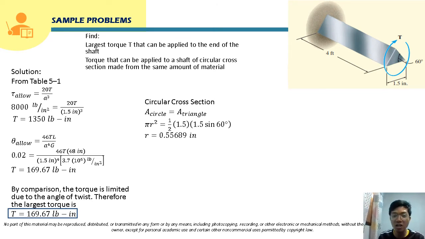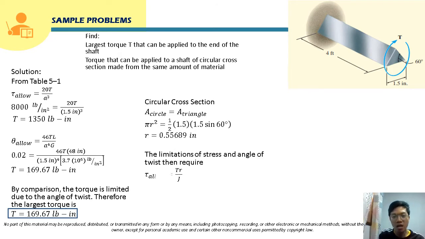From here, we can now solve for the torque that can be applied, using the formula for maximum or allowable shear stress, and we can also use the angle of twist. We have the same givens. The only difference here is the cross-section, which is now circular.